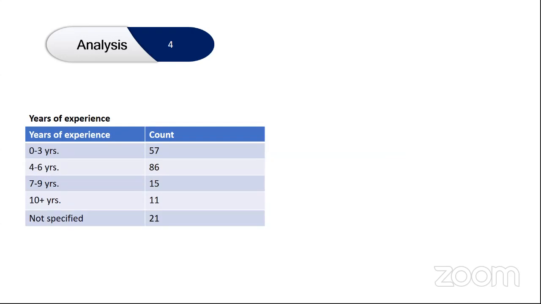This table illustrates the minimum number of years required for BI professionals in South Africa. The required years were split into a range of 5 groups. The most required experience ranged from 4 to 6 years, followed by 0 to 3 years. However, a few jobs that were advertised required experience that ranged from 7 to 10 plus years, with an exception of a few jobs that did not specify experience required.